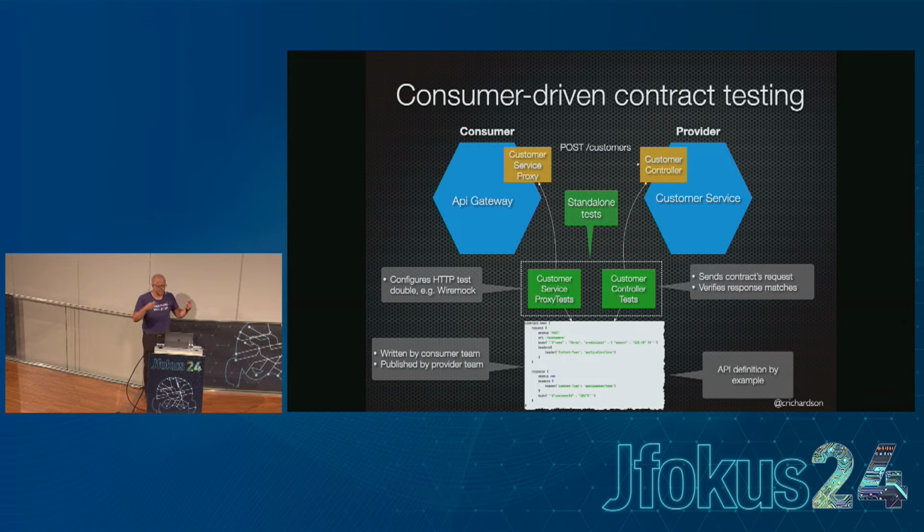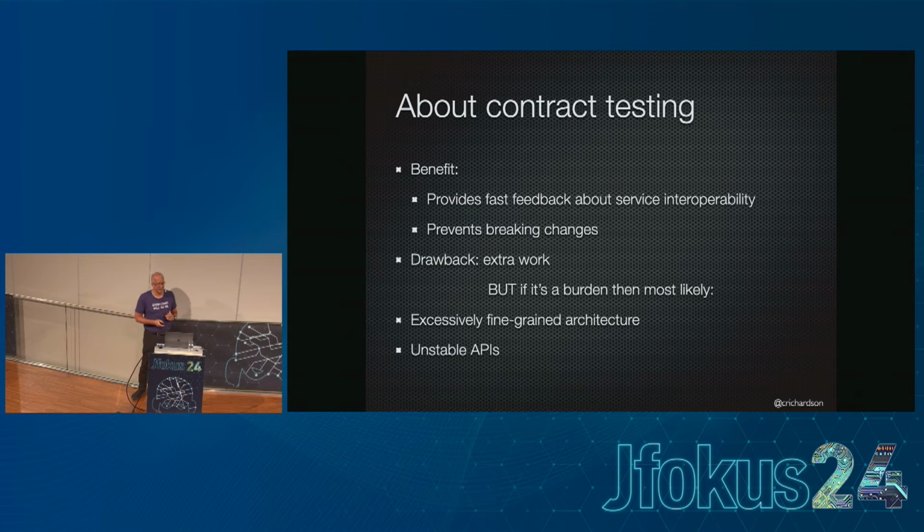For each contract, there's a test case which sends in the contract's request and then verifies that the response that comes back matches the contract's response. And it's like, well, if both parties are tested with the same contract, fingers crossed, they must be able to communicate, right? But we're actually avoiding all of the complexity of testing these two services together.